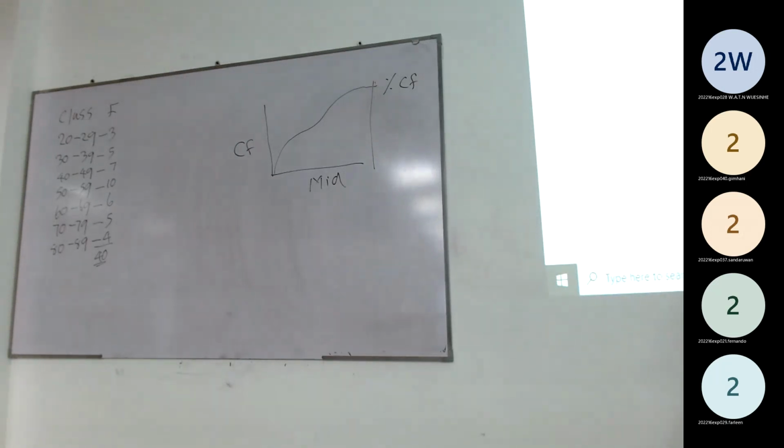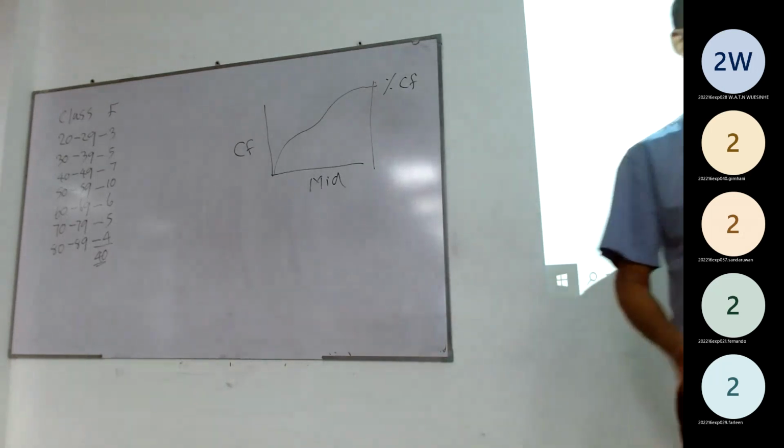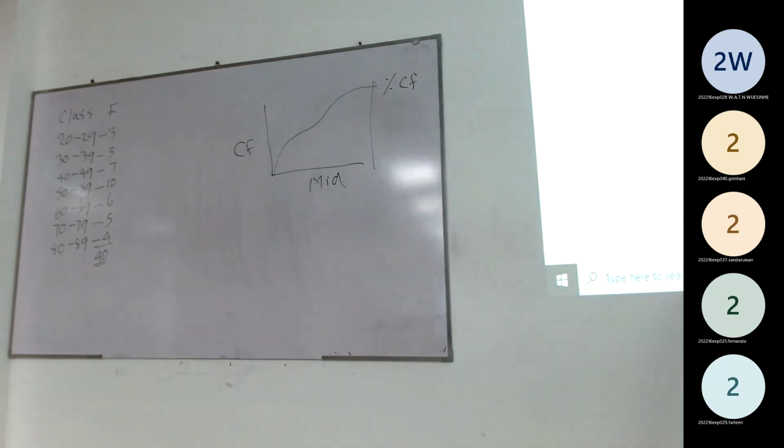The cumulative frequency of each mid value is presented as a curve. That is called an ogive.